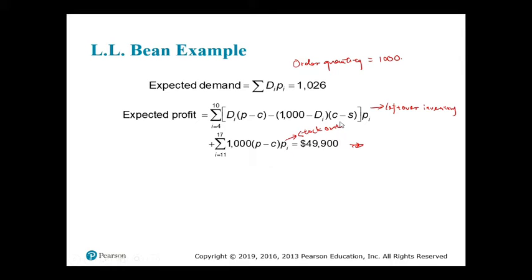So this is our regular profit margin for each sale, and this is basically our penalty for not selling it during the selling season. Since our order is higher than demand, I'm going to sell demand, and then the rest is going to be sold as a discount item.